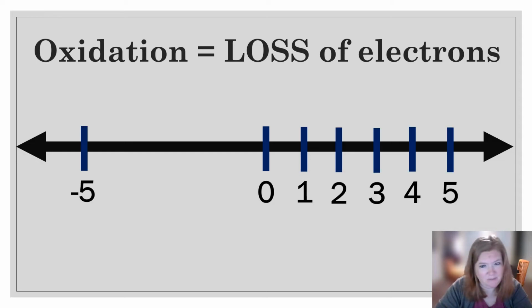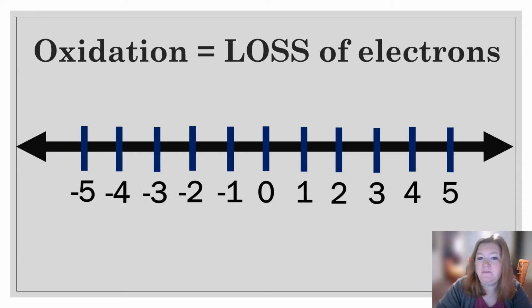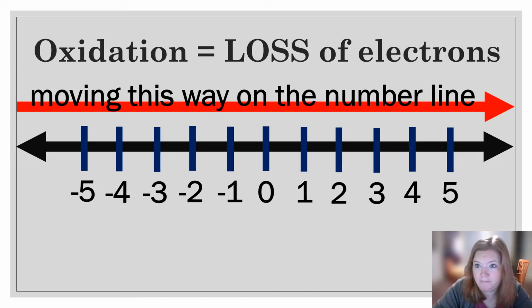What is going to be ridiculously helpful is if you sketch a number line. So if I lose electrons, I have to remember that electrons are negative. If I lose electrons, which way am I moving on this number line? That way. So moving that way on a number line indicates oxidation.